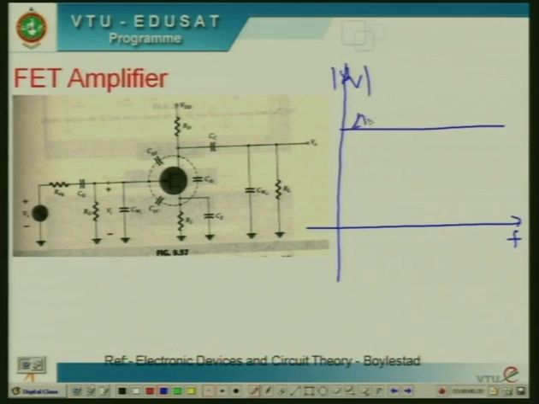I can say that this is AV mid, the gain of the amplifier. If you consider CG alone, the plot is like this. Then the cutoff frequency is where the gain is minus 3 dB from this line. If you plot this, this value is equal to 15.8.